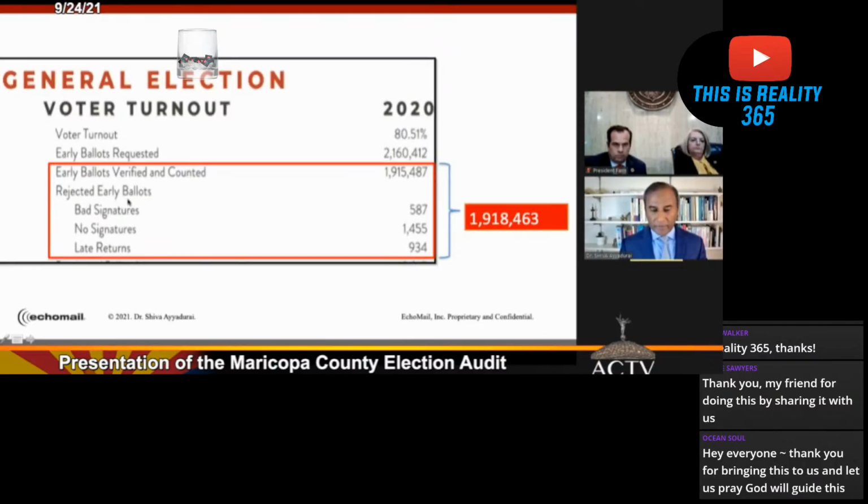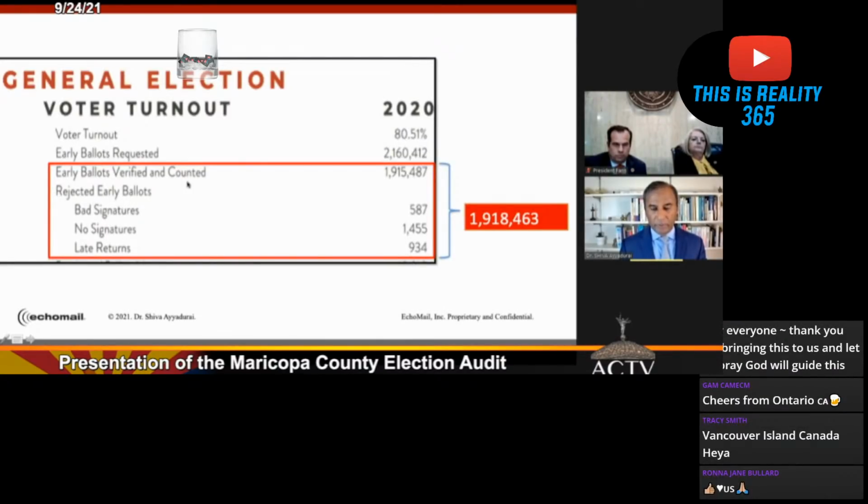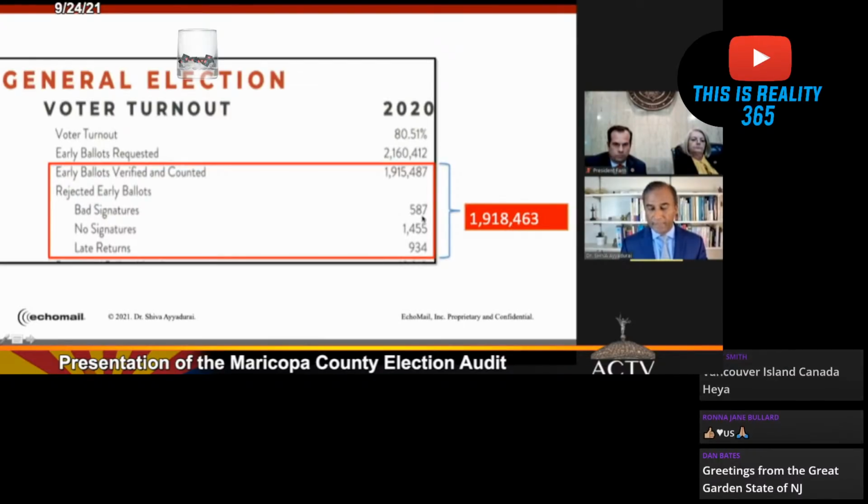And the rejected early ballots, which are these numbers, are the ones that were not included in the final count. Bad signatures, which means they went through a signature verification process. And out of that, 587 out of the 1,918,463, which is all of them, were deemed to be bad signatures.